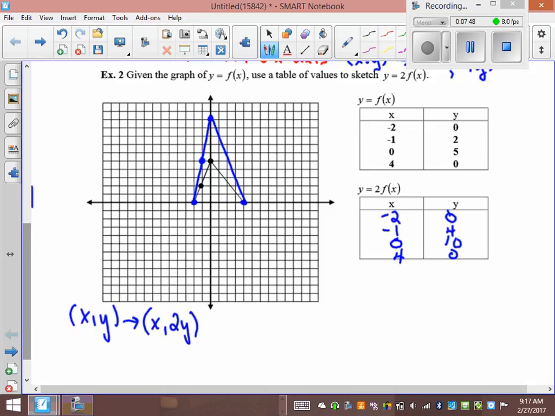Does that look like the graph has been stretched vertically by a factor of 2? Doubled vertically. Does it look like it? Yeah. So remember, same thing. When you're moving points or you're moving a graph, you use mapping. Always, always, always.